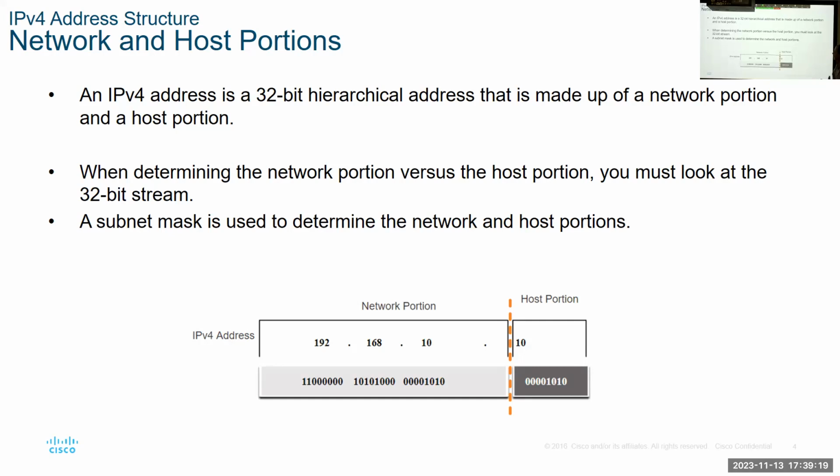In a classful address, or any IP address that has just 255s and zeros in the subnet mask, the network ID and the host ID will be on octet boundaries.